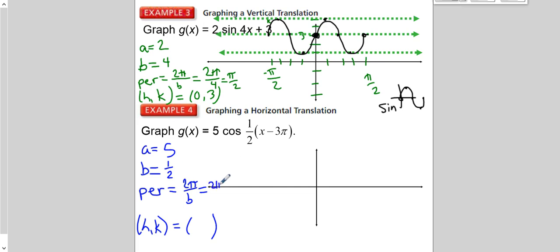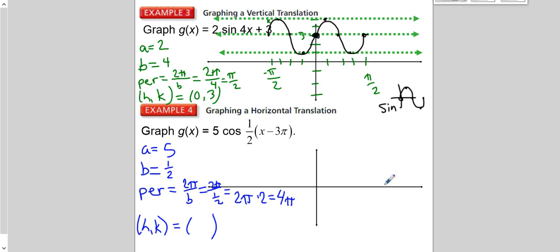B is 1/2. So 2 pi divided by 1/2 is the same as 2 pi times the reciprocal of 1/2, which is 2. So this time the period is 4 pi.